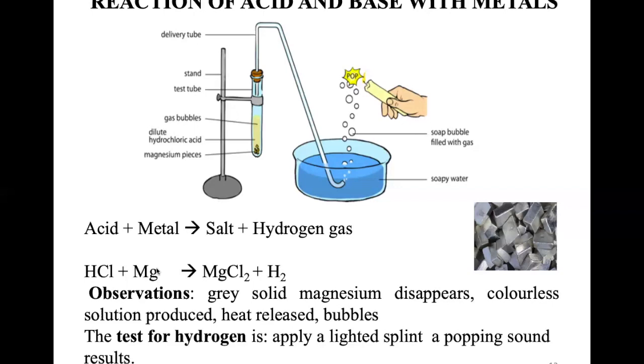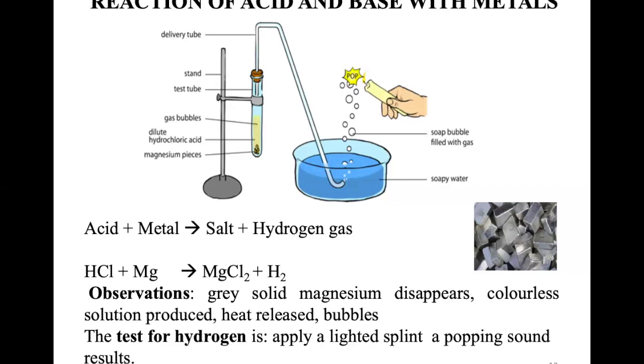Only those metals that are more reactive than hydrogen can displace. Not all the metals can displace H. So, just take care that only those metals that can displace H will react with an acid.